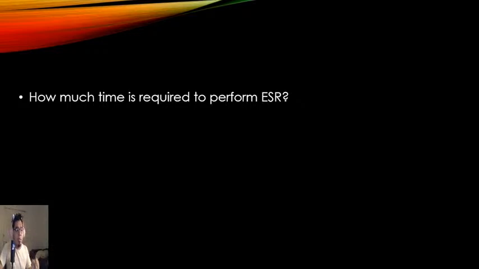Then it can do ESR analysis for a lot of samples in a matter of 30 minutes. So it reduces the 60-minute waiting period, and it allows the technologist to do more than one sample at a time. All you need to do is mix the sample and put it on the rack, and then the Roller will aspirate a small amount of sample from that particular tube and measure the velocity of the cells.